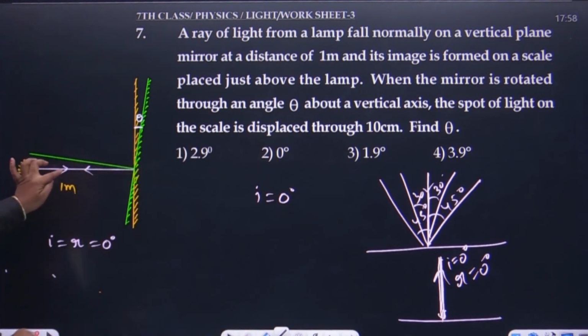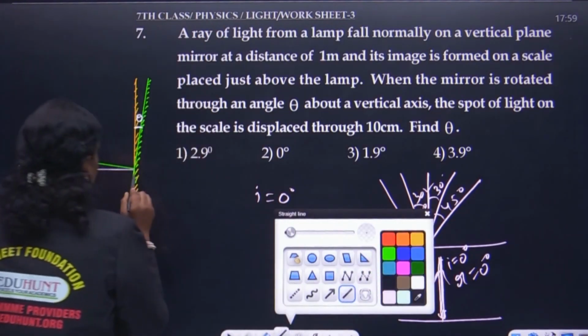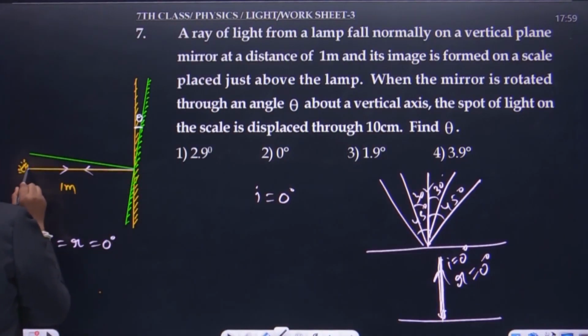So, this pink color indicates the normal drawn to the yellow one, whereas the green normal indicates the normal drawn to that green one. Okay. This was the initial position of the normal and this indicates the new position of the normal.